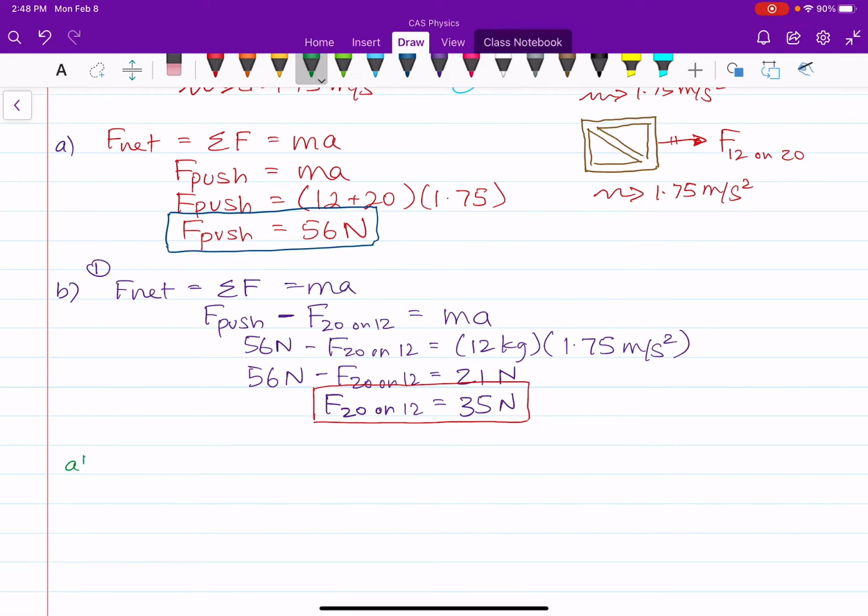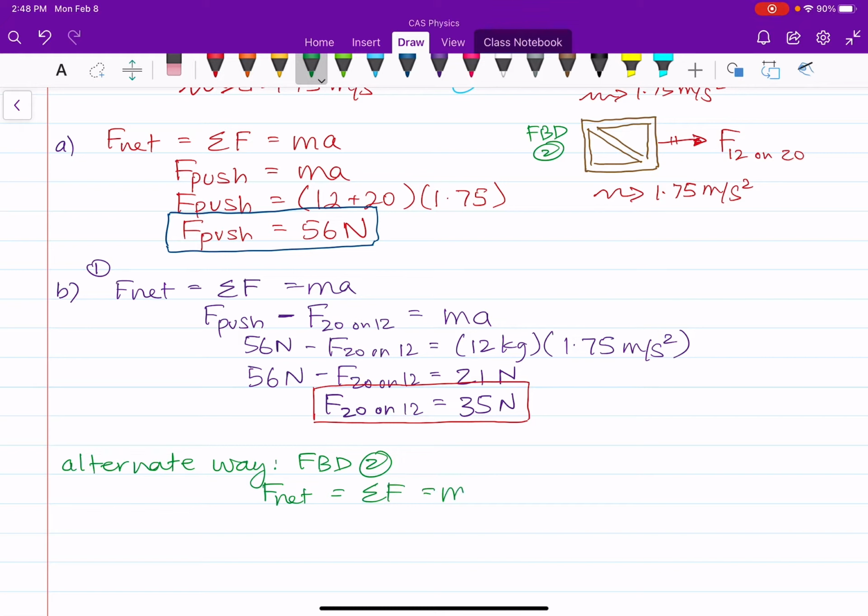So the alternate way to do it, alternate, how do you spell alternate? Way. And this is using free body diagram, let's call this 2. Okay, so then in that case, we start the same way. F net equals MA, which equals the sum of the forces.